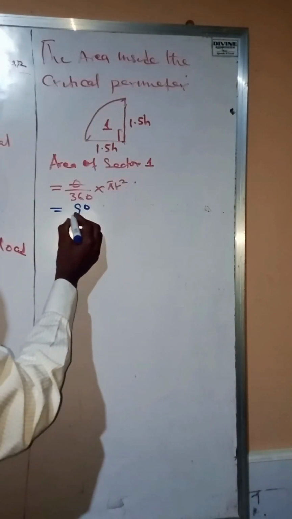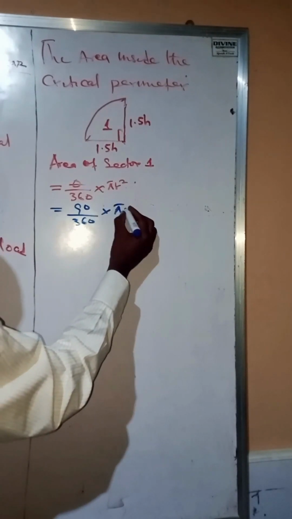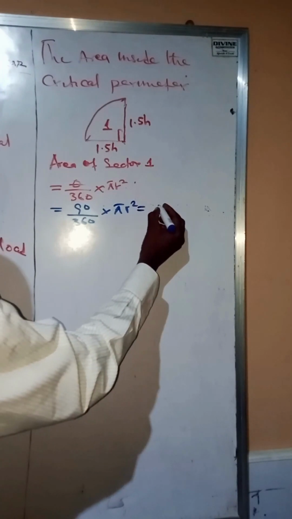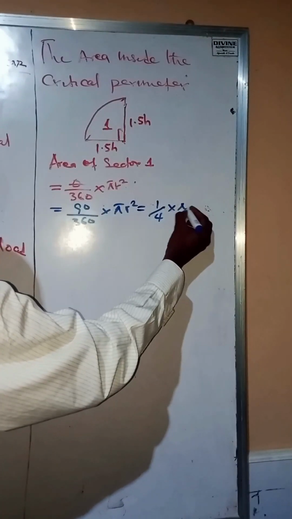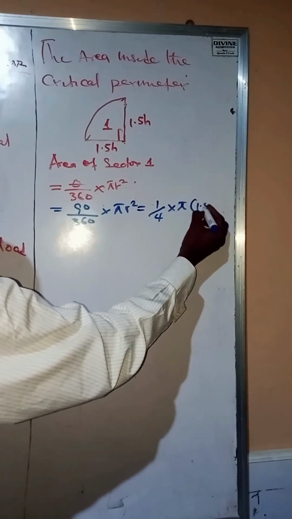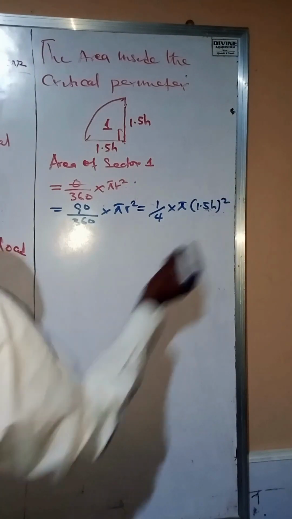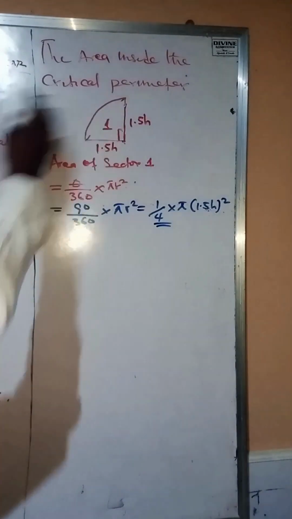So it becomes 90 over 360 times pi r squared. So working this out, we have this become 1 over 4 times pi r squared, where r becomes 1.5h. All right, 1.5h squared. So this gives us the area of one of these sectors.